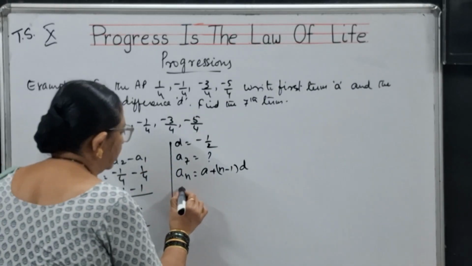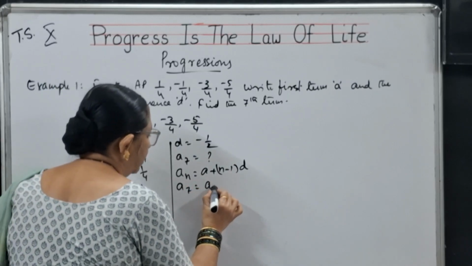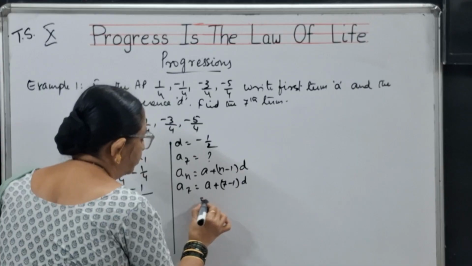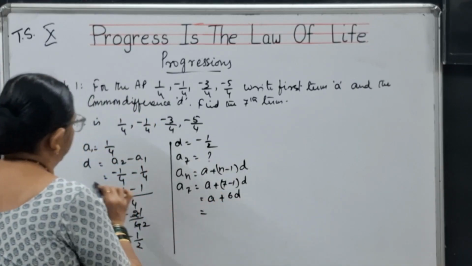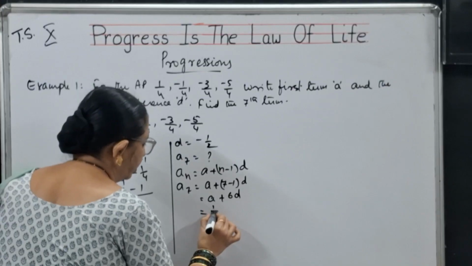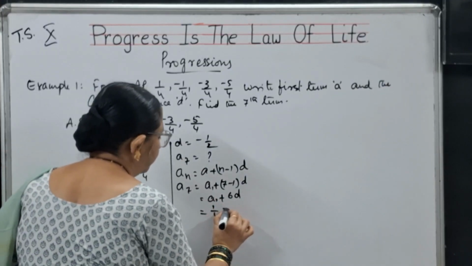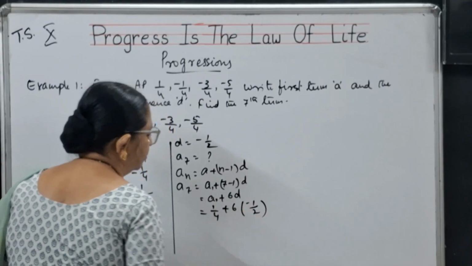So here we want a7. A7 is equal to a plus 7 minus 1 into d. That means A plus 6d. What is A? A is 1 by 4. A in the sense A1 here. So A1 is 1 by 4 plus 6 into D, which is minus 1 by 2.